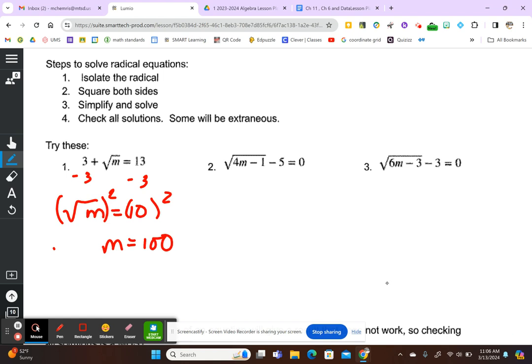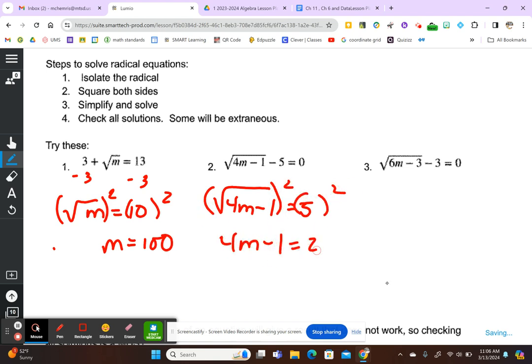Okay, so now here I'm going to add 5 to both sides. So the square root of 4m minus 1 equals 5. Now I'm going to square both sides, and I get 4m minus 1 equals 25.